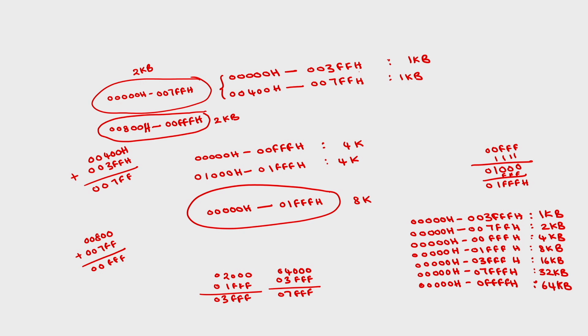This is the table which gives 1K, 2K, 4K, 8K, 16K, 32K, 64 kilobytes, starting with 00000H.